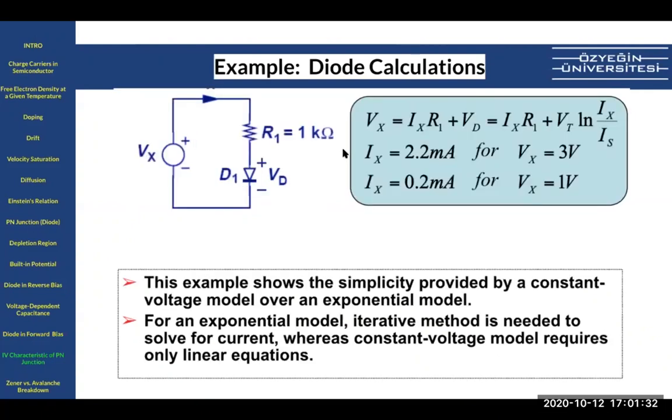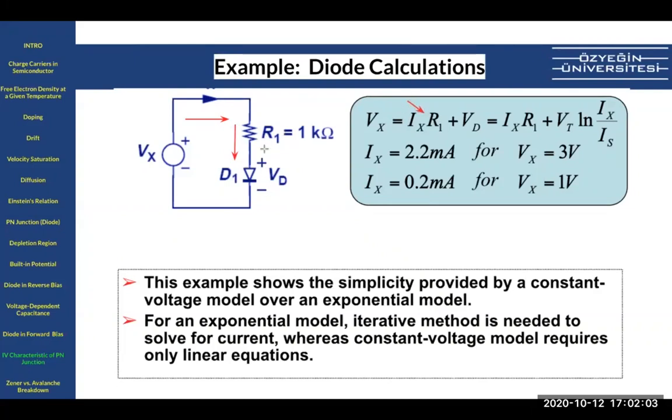If we look at a simple circuit to make some calculations, we apply Vx, there's a resistance, and there's a diode. Doing a simple Kirchhoff voltage law, Vx equals Ix, let's say the current is Ix flowing here. By Ohm's law, the voltage drop across R1 is Ix times R1.